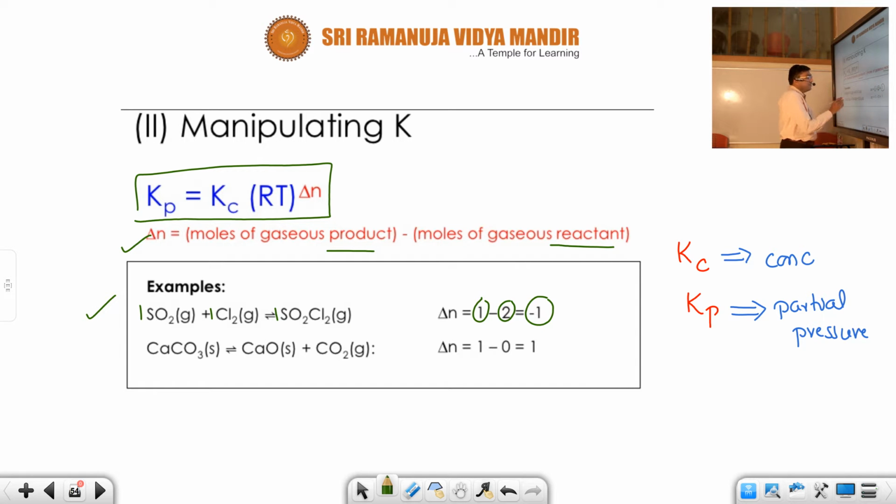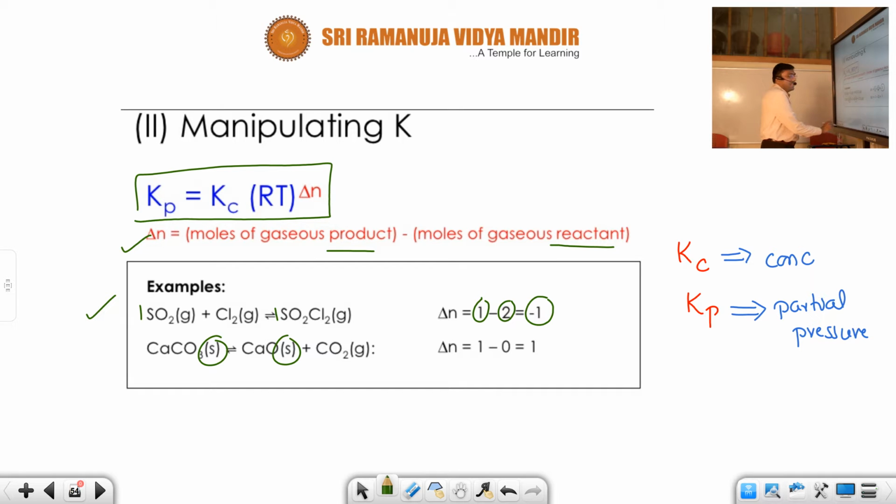Similarly, in the decomposition of CaCO3, delta n is 1 minus 0 because CaCO3 is a solid. Mind you, students, solids should never be considered.